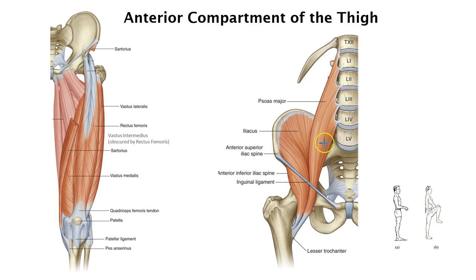But its primary action, along with the iliacus, which emanates from the iliac fossa, is to provide flexion of the hip. Here we can see active flexion of the hip. Now note this psoas major merges with iliacus to form a single muscle here in the leg called the iliopsoas muscle.